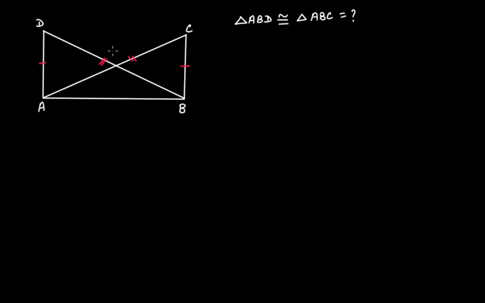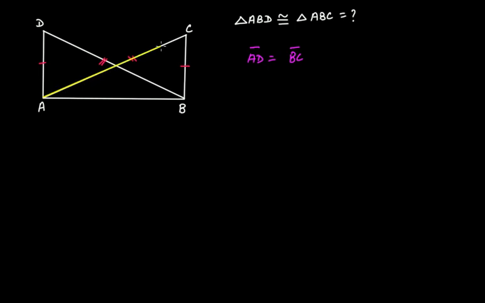Is triangle ABD congruent to triangle ABC? Very simple. This one line, and this one here, means that side AD is equal to side BC. Let me simplify it a little bit so that you do not get confused.